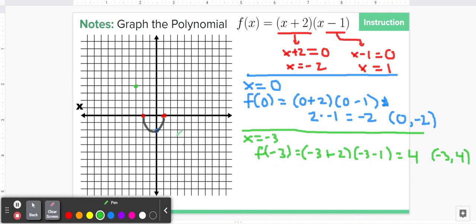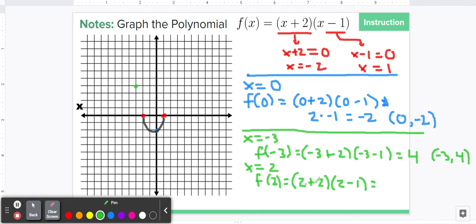Okay, and let's pick a point to the right of our furthest zero. So our 0 is at 1 here. So let's go to x equals 2 for our next point. So we'll have the function at 2 equals 2 plus 2 times 2 minus 1.